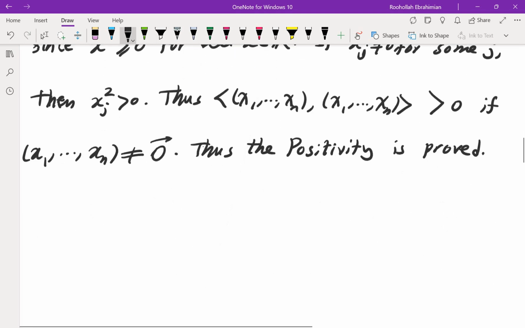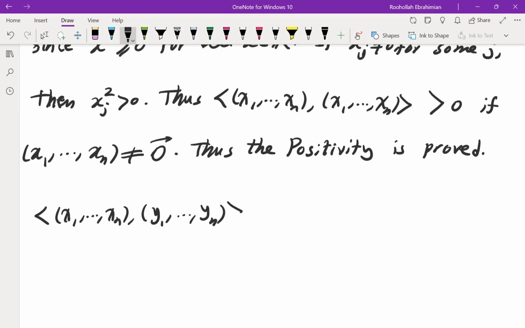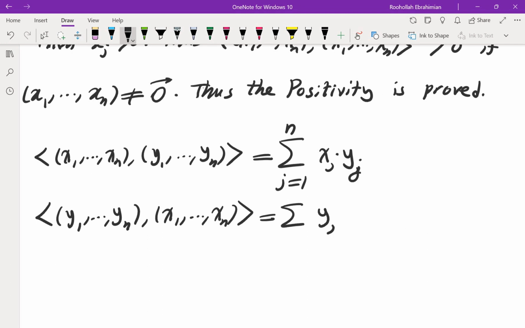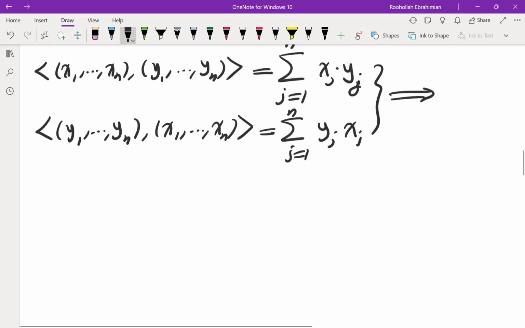Now we will have to show symmetry. So let me write it down. I'll take the inner product of x1 through xn and y1 through yn, which is the sum of xj yj. This is equal to that by definition. But if I do the other one, if I do y1 through yn and x1 through xn, that gives me the exact same sum. That would be the sum yj xj. Now, because of the fact that addition is commutative, we get the symmetry.